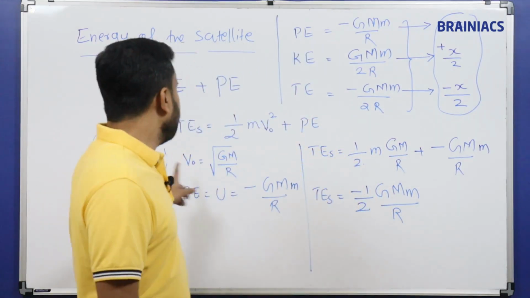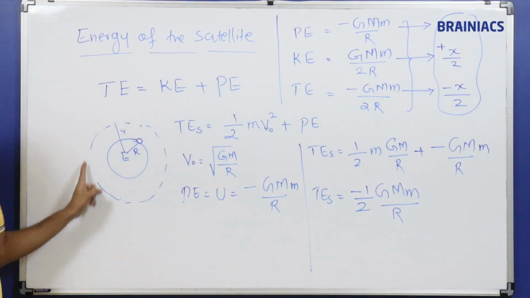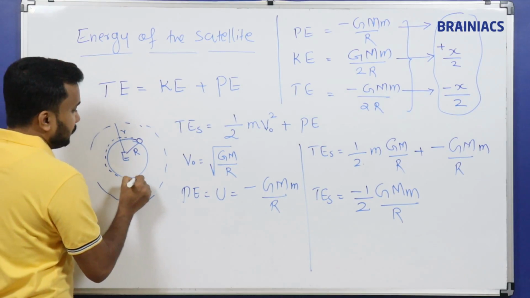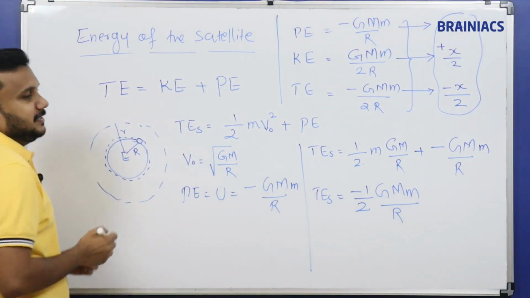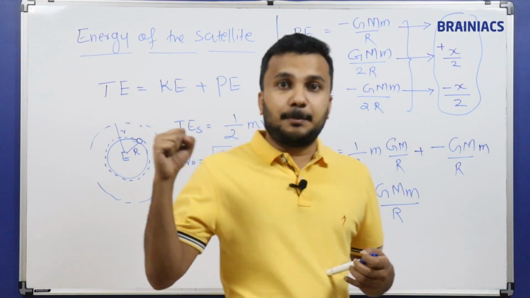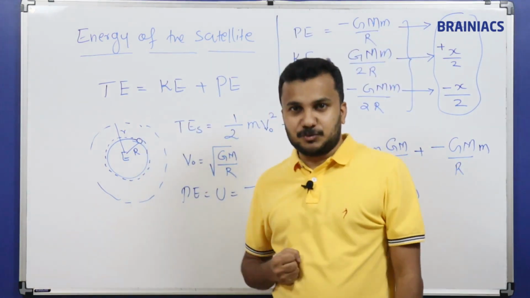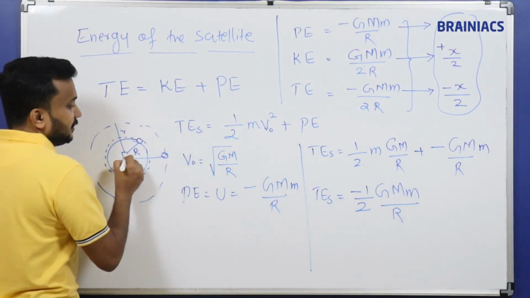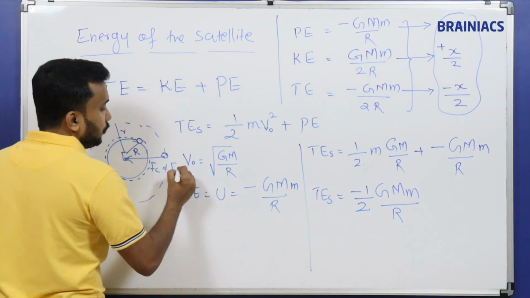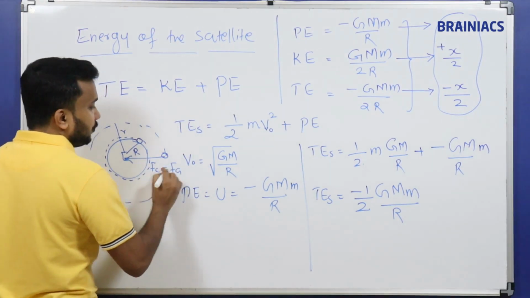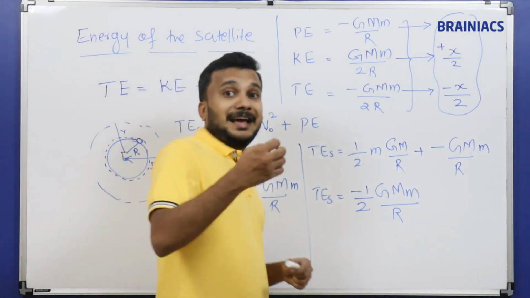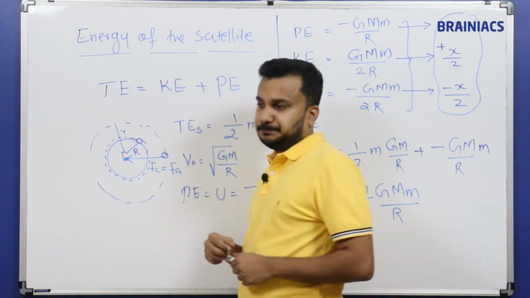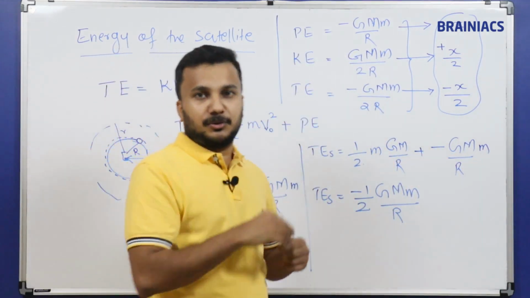For example, here you can see satellites revolving around the earth, very close to it or away from the earth surface, in an orbit. The satellite is bound to the earth by the centripetal force. Suppose a satellite is here, then there is a force called centripetal force, which is equal to the gravitational force. Now centripetal force and gravitational force are equal, which means the earth is pulling the satellite towards its center. Why is it pulling? Otherwise it would escape and go away, right?